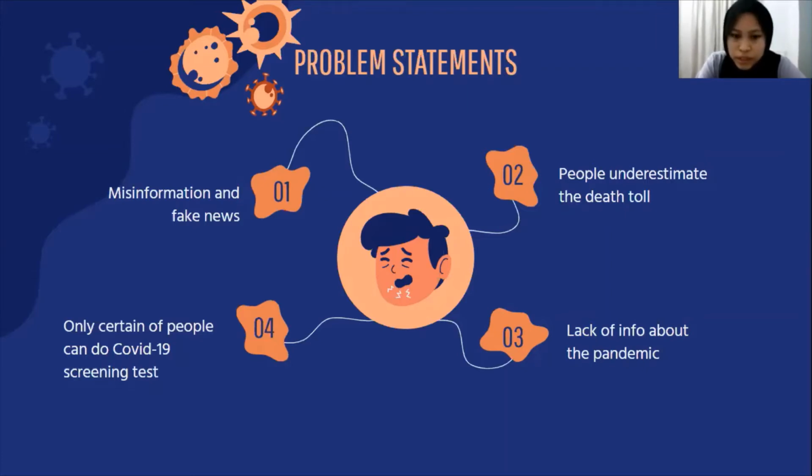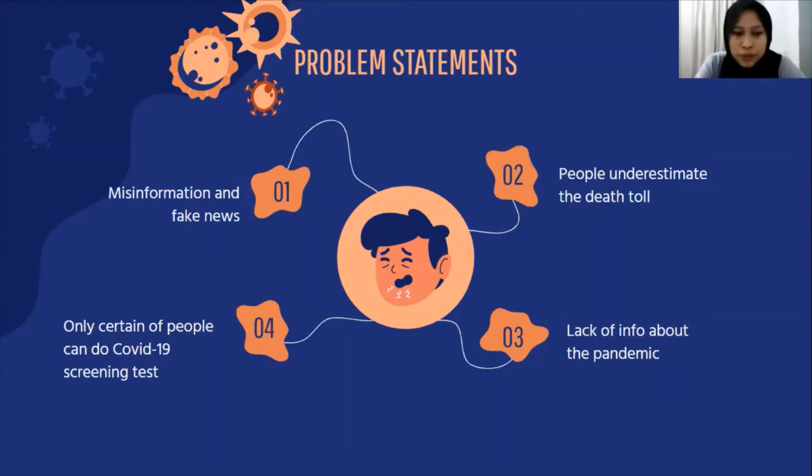The third one is lack of information about the pandemic. It is important to keep updated with the status and news about COVID-19 so that people will know when to protect themselves and can understand how the virus is spreading.